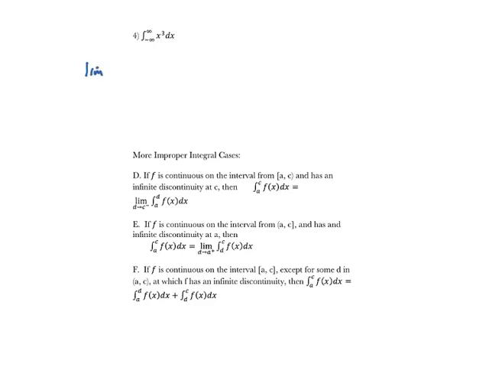So we'll do the limit as a approaches negative infinity, and this would be from the right, of the integral from a to 0 of x cubed dx, and we're going to add the limit as c approaches positive infinity, from the left, of the integral from 0 to c of x cubed dx.